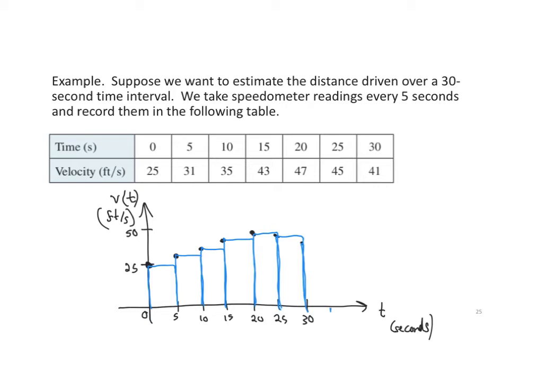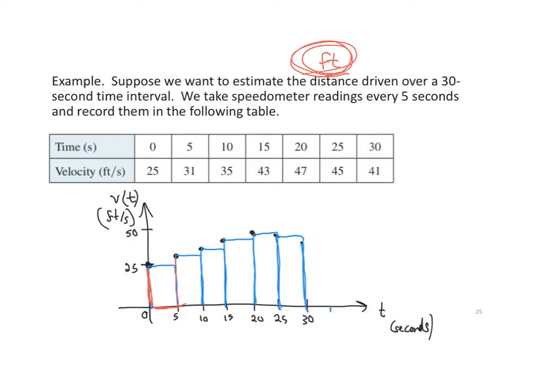Now, why are we doing that? Notice that seconds times feet per second is going to give us feet, and we're trying to estimate distance, which is feet. So these areas, if I do base times height, are going to have units of feet.